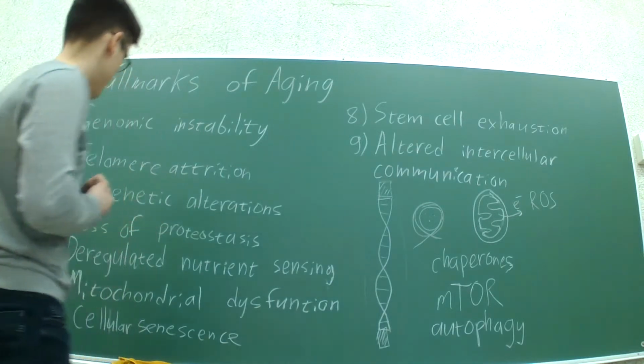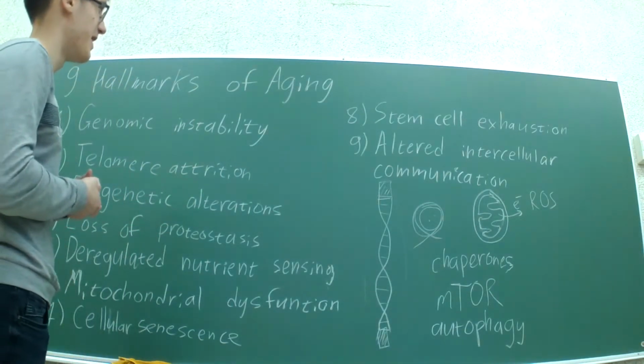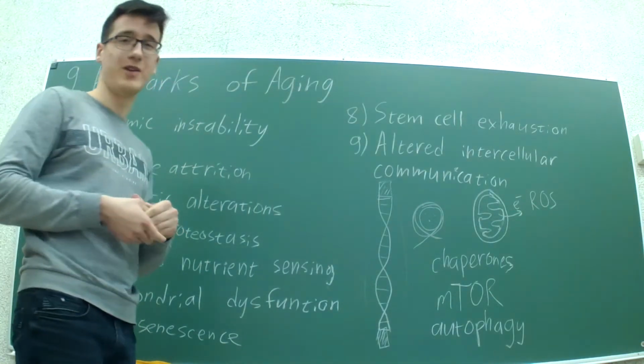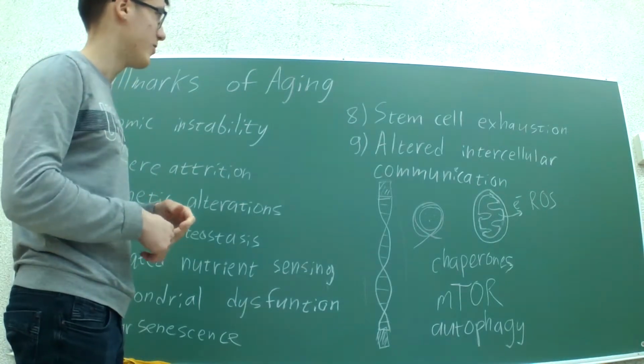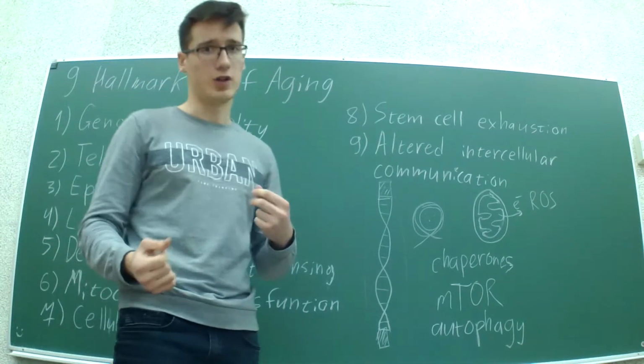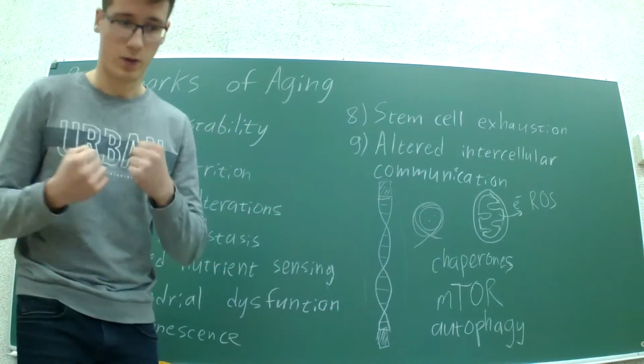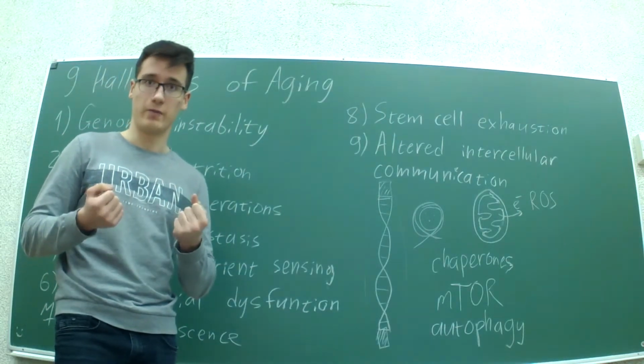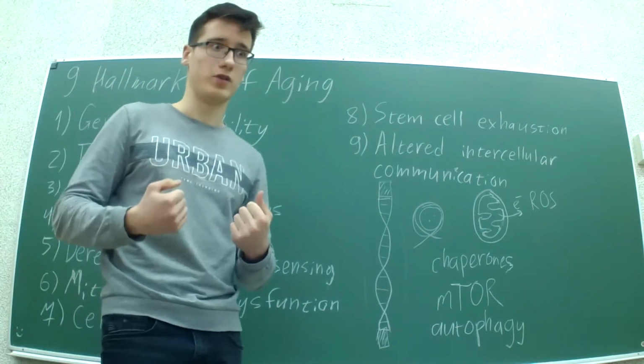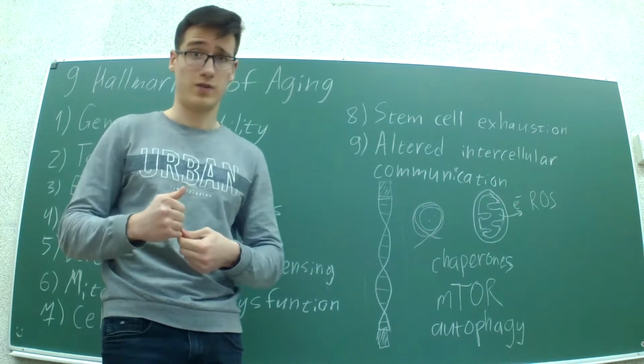Well, you might wonder, okay, so why should I know all that? Well, now you understand basically how aging works, and so the question is, what can we do about it? Can we reverse all those aging processes, or at least slow them down?